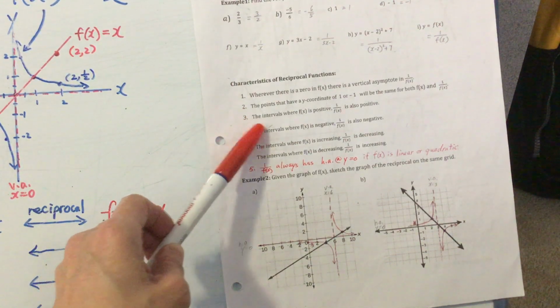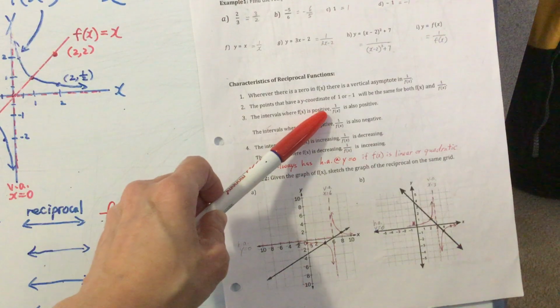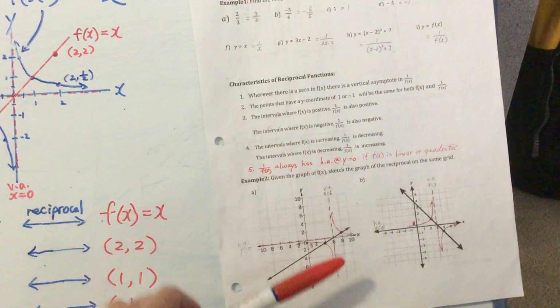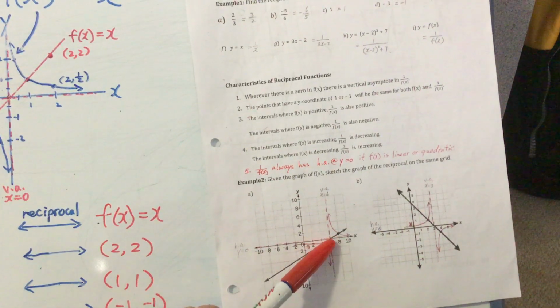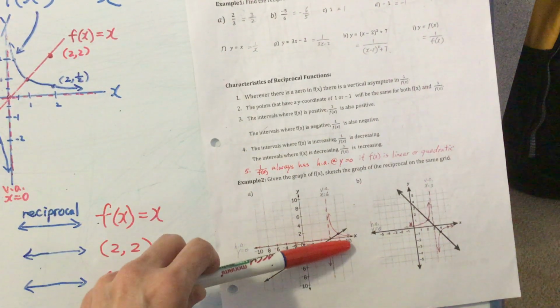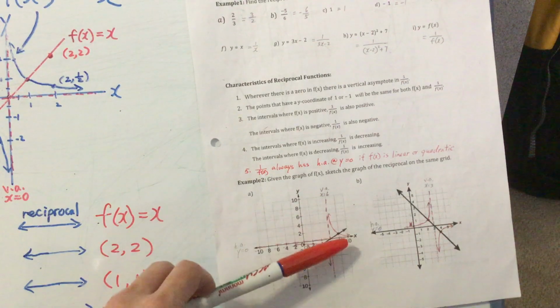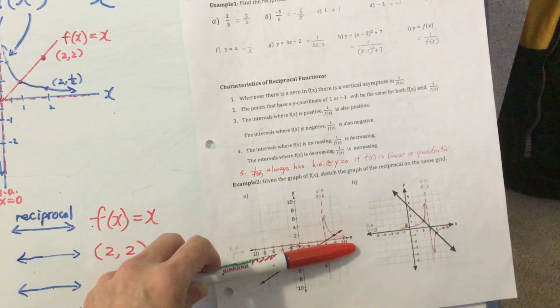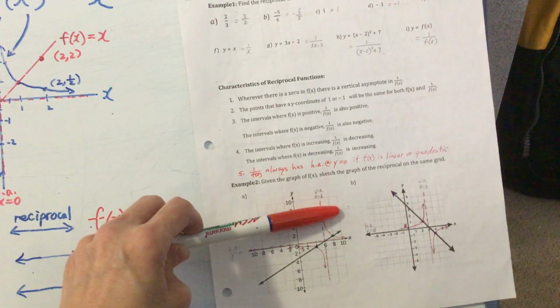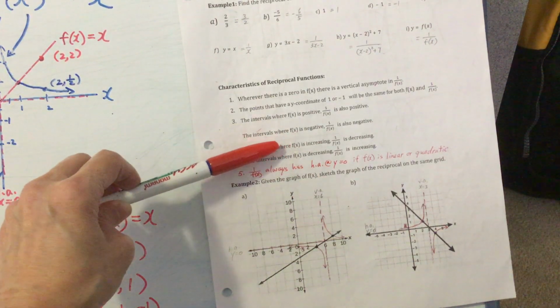Now, the interval where the function is positive, meaning it's above the 0. So for the original function here, anything where x is greater than 6 is when the function is above the x-axis. Okay, so you make sure that the reciprocal is also above the x-axis. Same thing here.